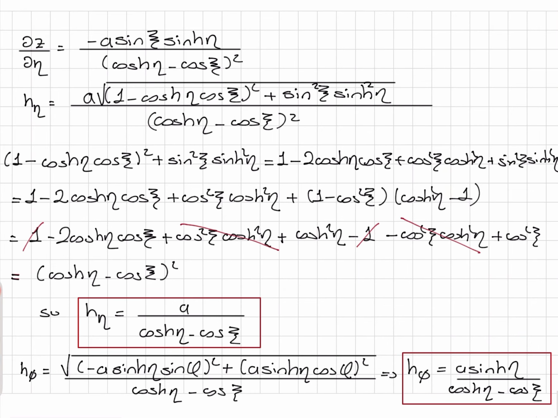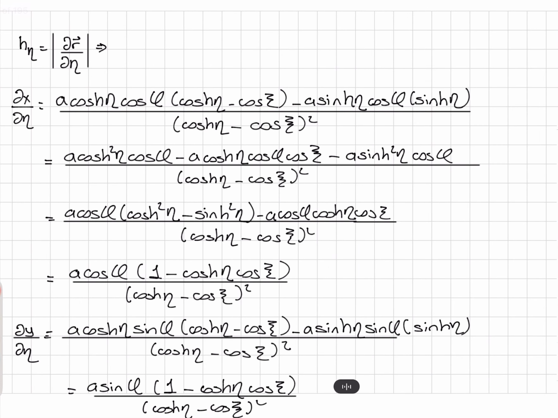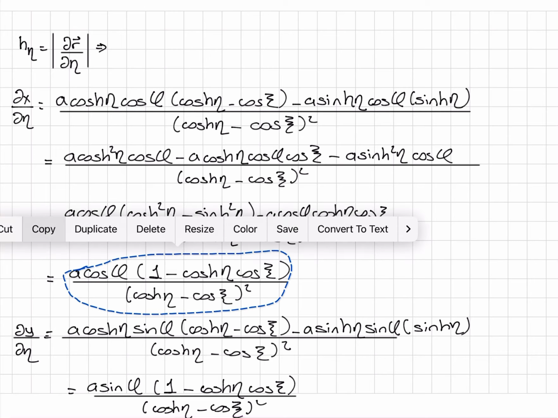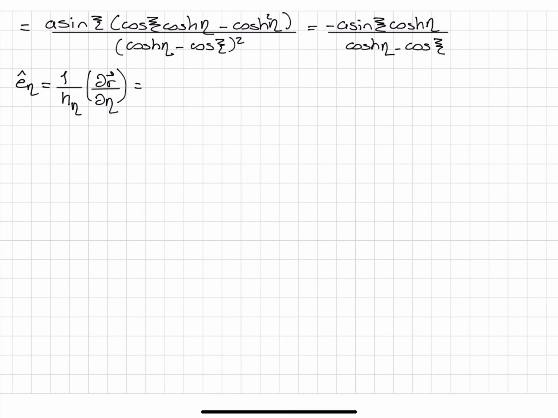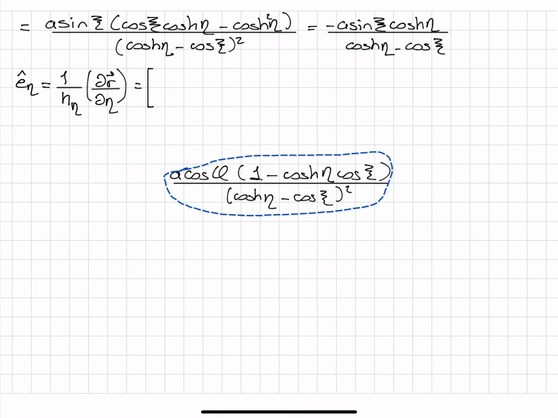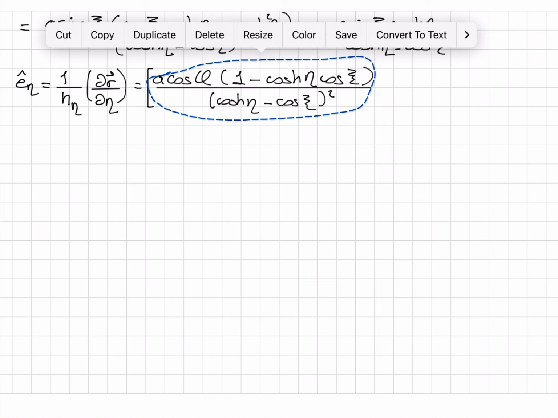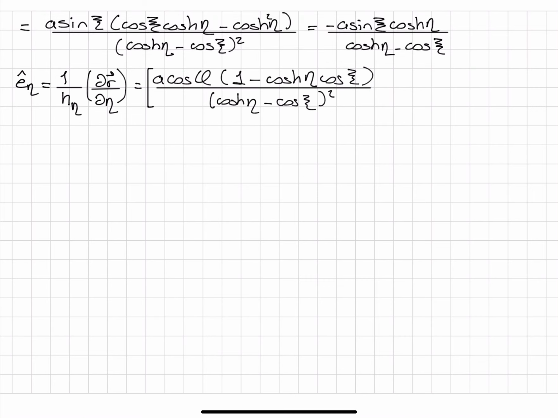So let's go back to that calculation. So for the x part, this was our final result. So let's copy that. We're going to have a cosine phi 1 minus cosine hyperbolic eta cosine psi divided by cosine hyperbolic eta minus cosine psi squared.